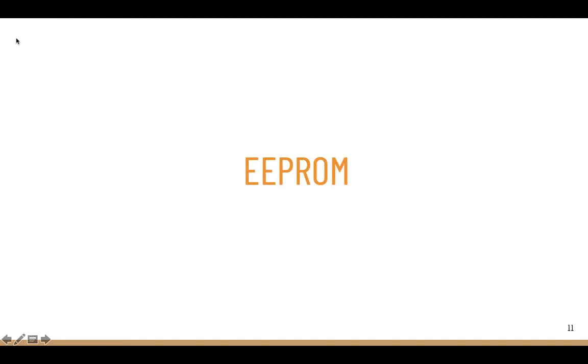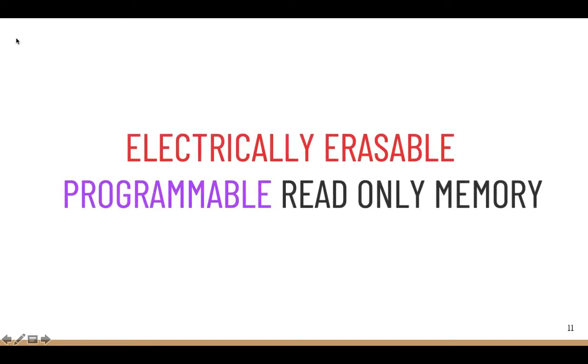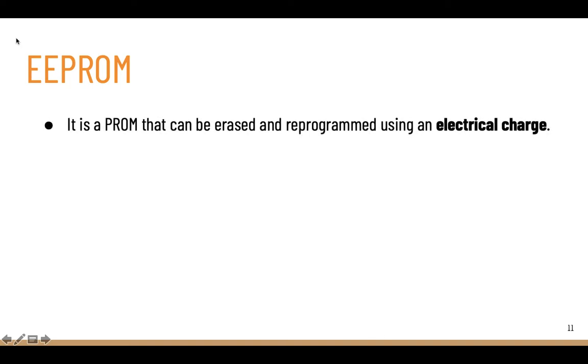Let's go to the next type of ROM, which is EEPROM, which stands for electrically erasable programmable read-only memory. What is EEPROM? It is a PROM that can be erased and reprogrammed using an electrical charge.